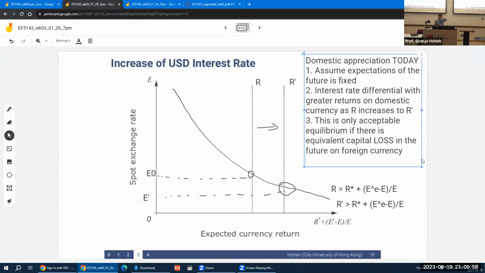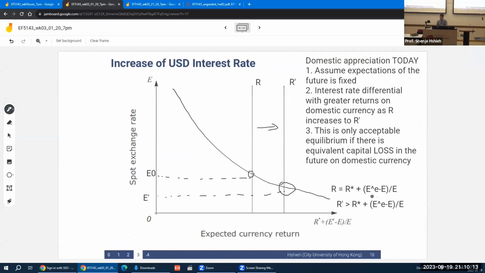So what does that mean? That means that, sorry, it should be domestic. You can see that, right? This is our variable. This is our expression that represents capital gain, capital loss on domestic currency, right?